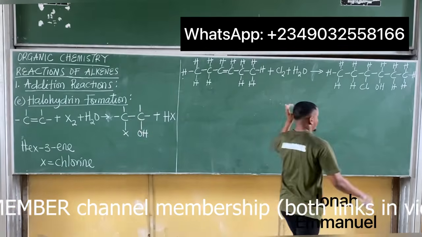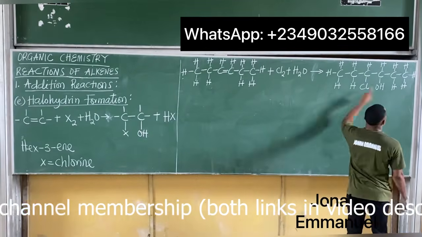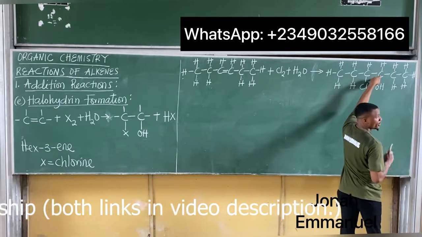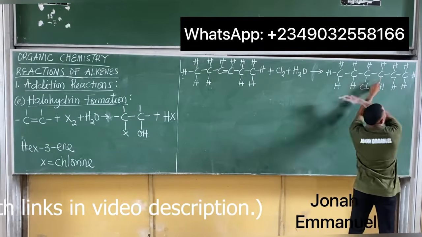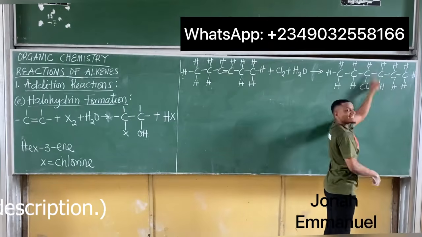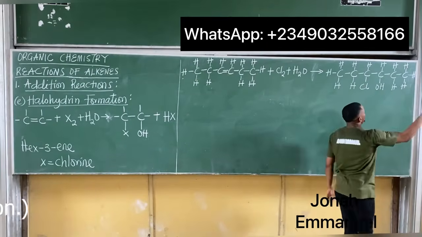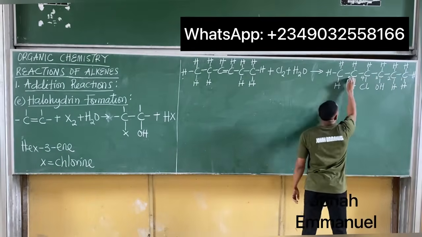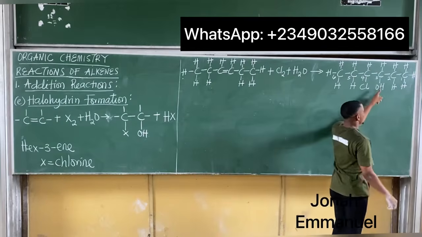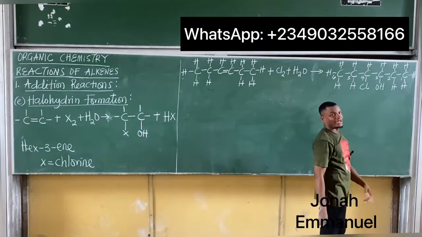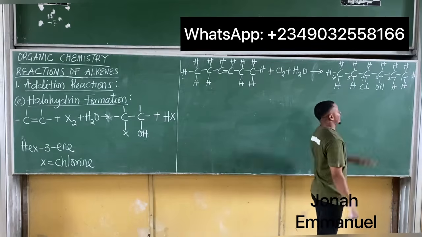If I name this left to right, I'm having 1, 2, 3, 4. Carbon 4 bears OH. Name it right to left, I'm having what there? 1, 2, 3. Carbon 3 bears OH. That's the smallest one. So my numbering becomes 1, 2, 3, 4, 5, 6. So I'm taking the OH over the chlorine. That's the idea. So name this, what do you have here?